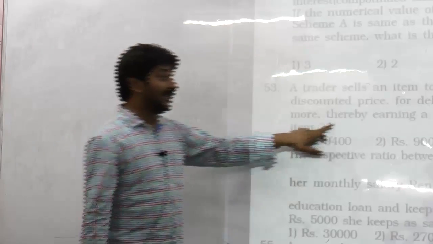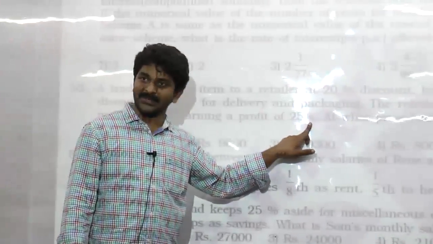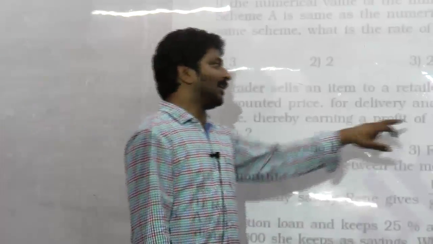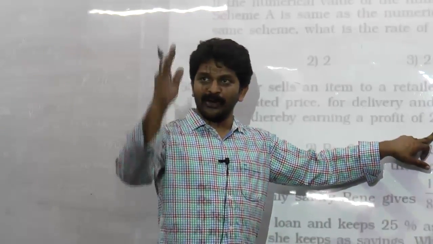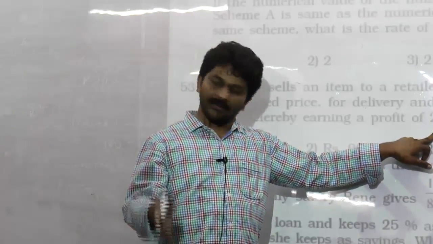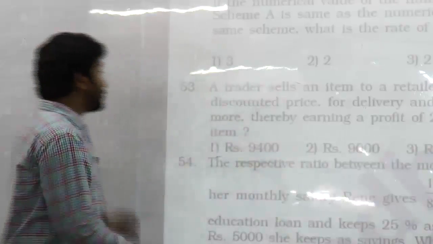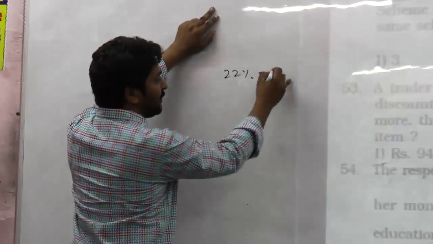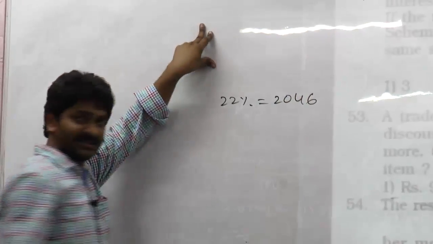And in terms of percentage, thereby earned a profit of 25%. So you have purchased it for 88. On 88 you will get 25% profit. How do you get 25%? Half and half, 88, 22%. So your total profit percentage is 22%, and which in terms of a number is equal to 2046.